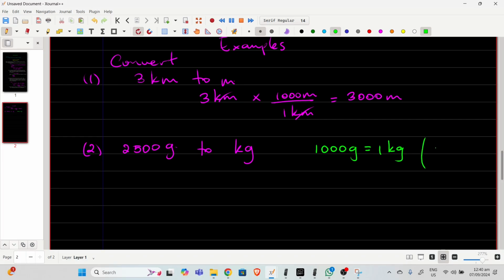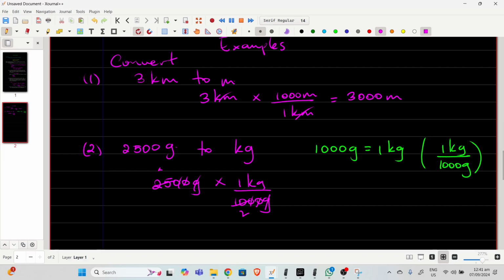So my conversion factor is supposed to look like this: 1 kilogram divided by 1000 grams. So we have 2500 grams multiplied by 1 kg over 1000 g. Cancel the g, cancel 2 zeros, 5 into 10 is 2, 5 into 25 is 5, and now I have 5 over 2 kilograms, which is equal to 2.5 kilograms.